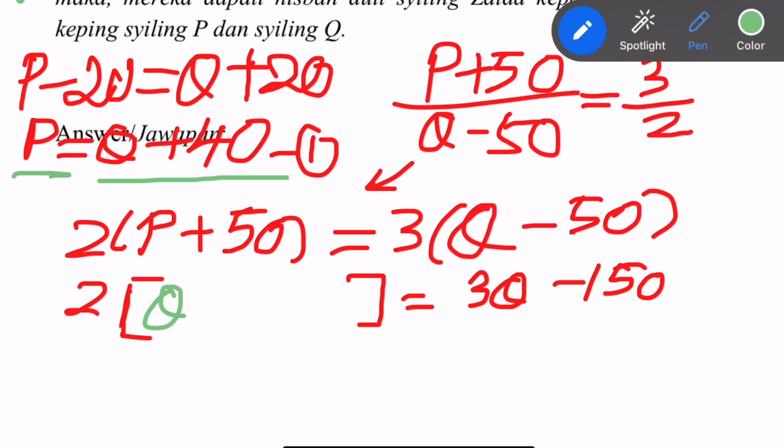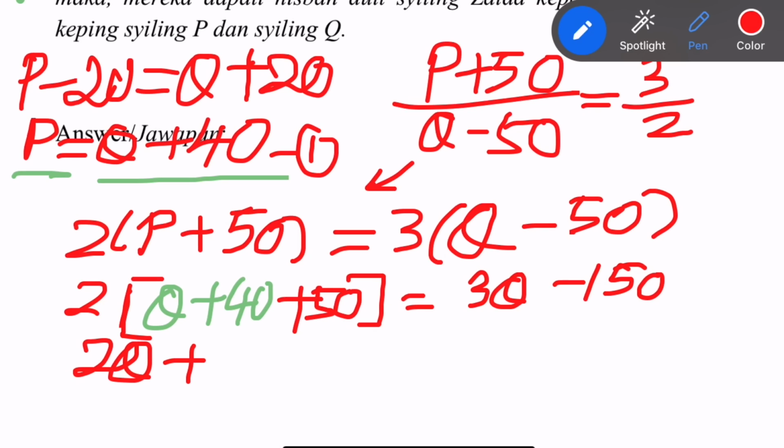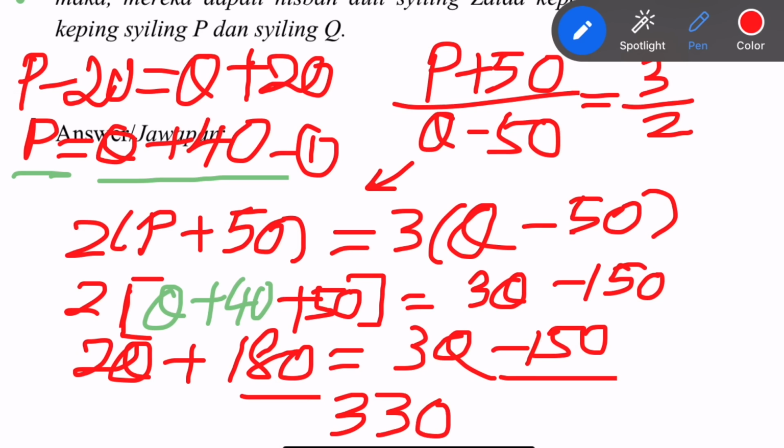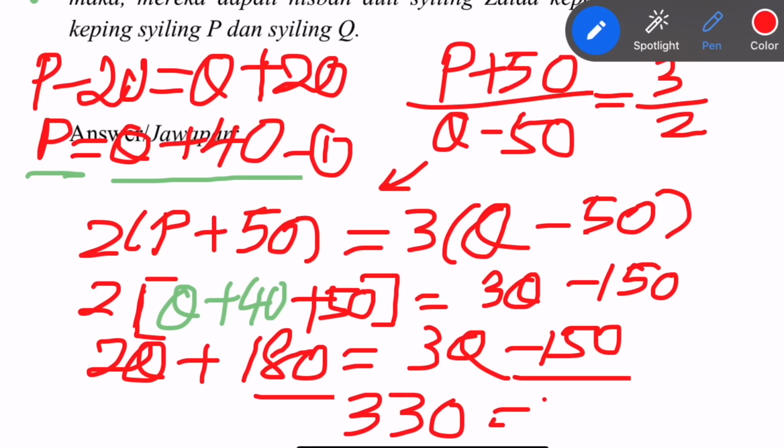Now I'm going to substitute P into the second equation, so I will write Q plus 40 when I see P, and plus 50 is still there. Then I will expand: 2Q plus 80 plus 100 equal to 3Q minus 150. You need to expand carefully, and you will solve Q, and finally your Q is 330.